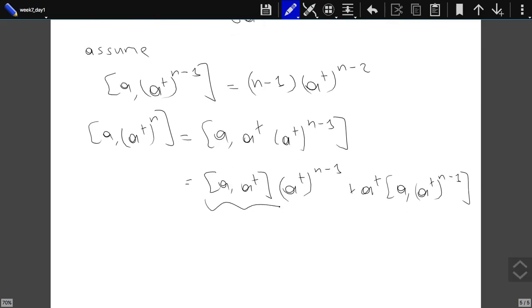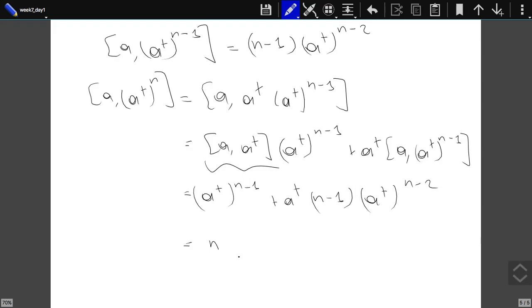This we had already calculated that it is 1. This we had already assumed that it is equal to n minus 1 times a dagger to the n minus 2.